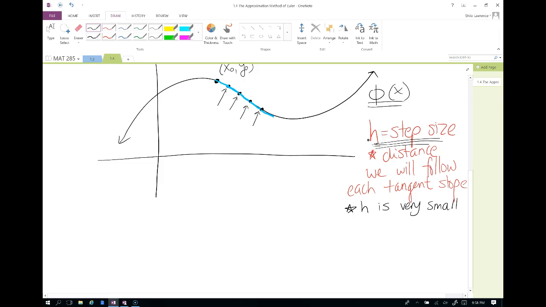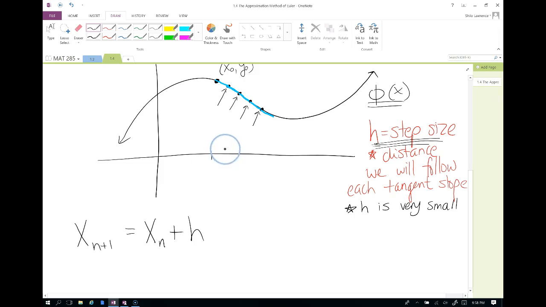So if we start at x sub n, which can represent any step along the way, the way that we get our next x value, x sub n plus 1, is we just add our step size.